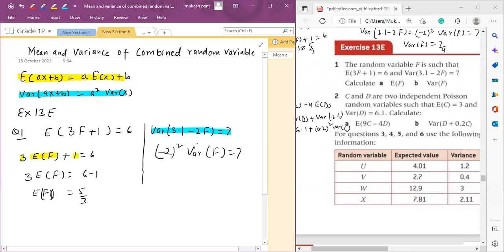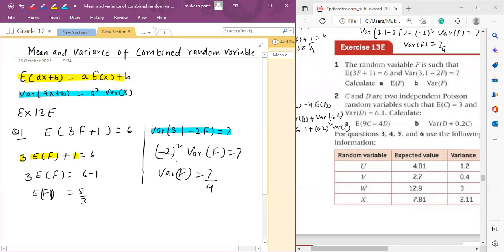Remember what I told you: sometimes A may be negative, so we have to do the square of the whole number, -2, right? So this will be 4 times the variance of F, equals 7, and when you shift it, the variance of F will be 7 over 4.